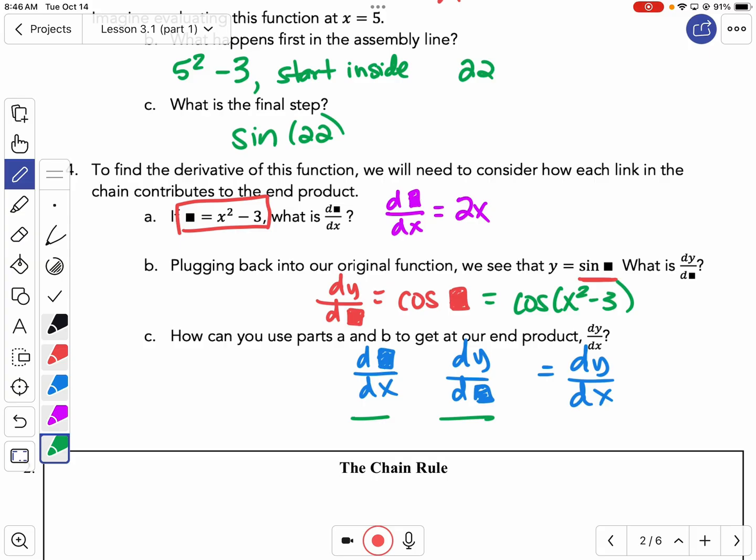How would I use those first two fractions that I've got written there to produce just dy and dx? What would I have to do with them? Multiply them, okay? Because what would happen to the derivative of the black box if I multiplied those two fractions? They cancel out, right? Because one's in the numerator, one's in the denominator, okay? And so this is what the chain rule says to us now.